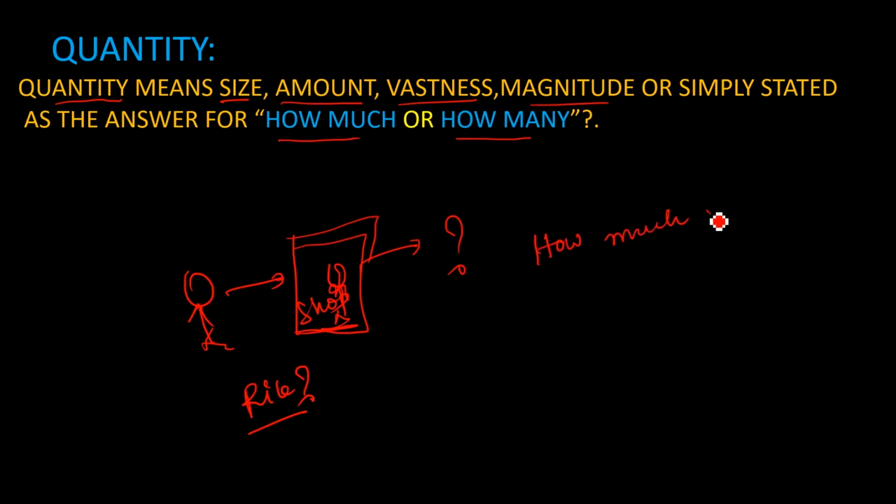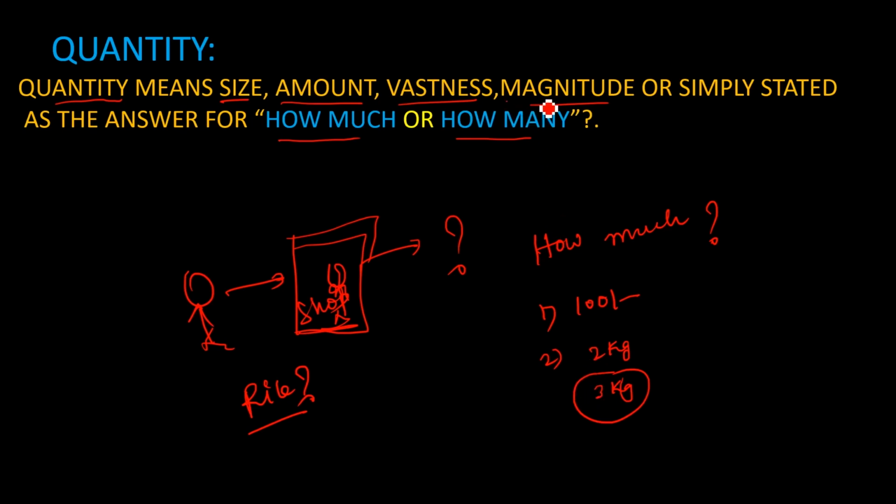For how much price? 10 rupees or 20 rupees or 100 rupees? And second, how many kgs do you want, 2 kg, 3 kg, 4 kg, like that he will ask. So quantity tells the answer for how much or how many, or it is magnitude.